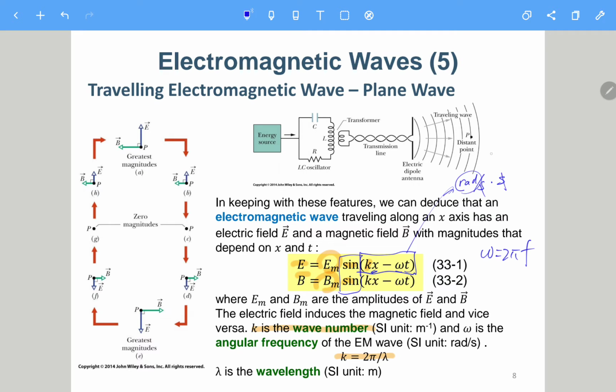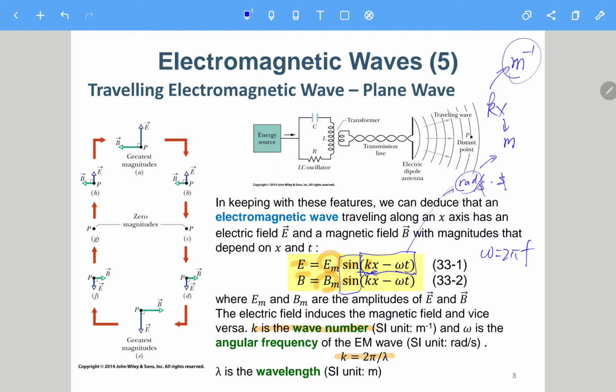Radian is actually not a dimension, it is just an angle. So k times x should have no dimension, and the SI unit for x is meter, which means that k should have an SI unit of meter inverse.